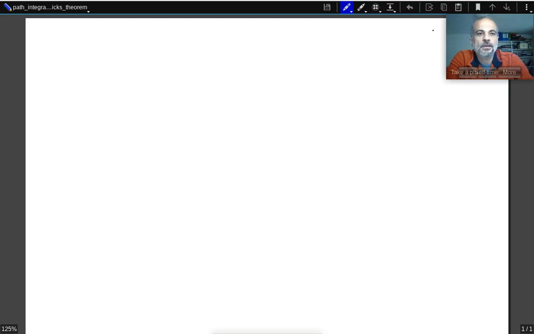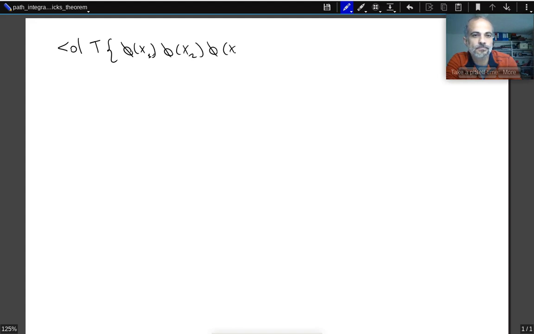Now let's see how we can see Wick's theorem using path integrals. If you remember, Wick's theorem states that if you have the empty state time-ordered product of your fields at different times, the Wick theorem doesn't need these states.